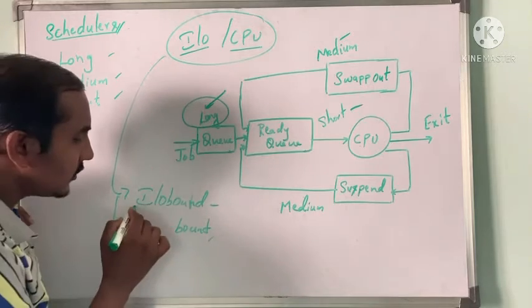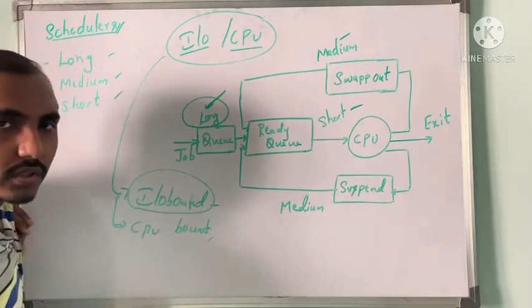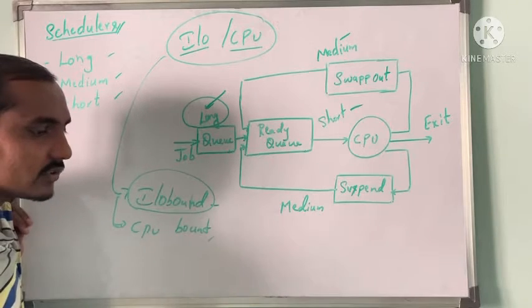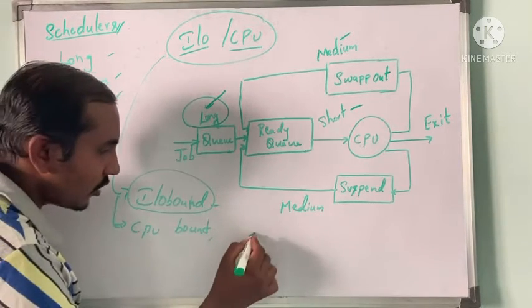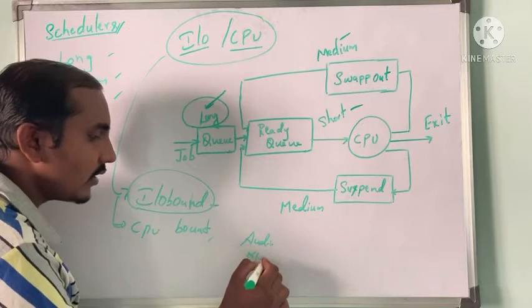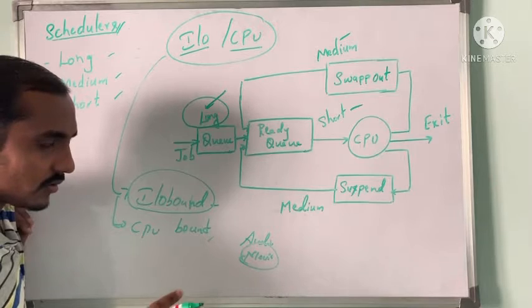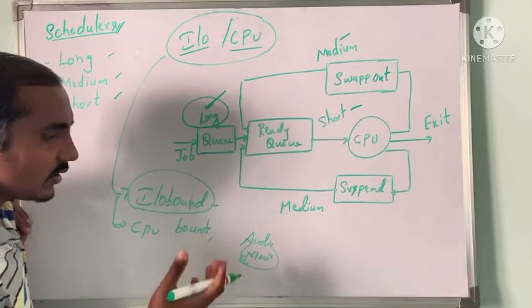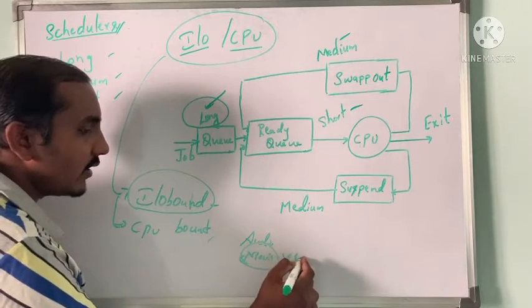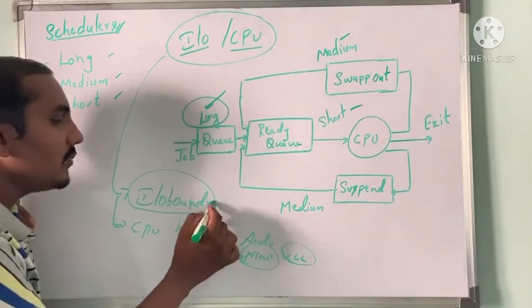What does that mean is, if any process is spending more time on input output, for example, an audio player or a movie, your VLC player, it is a process that will be mainly concentrating on input and output.